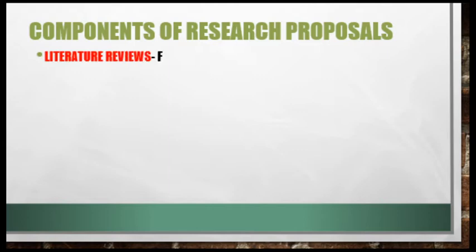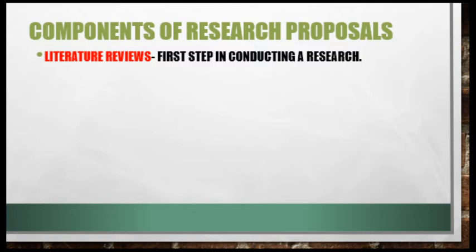The first component there, which is very important, is what we call literature reviews. Now, let me clarify. Literature here is not similar to the literature subjects that you are taking as part of your curriculum.